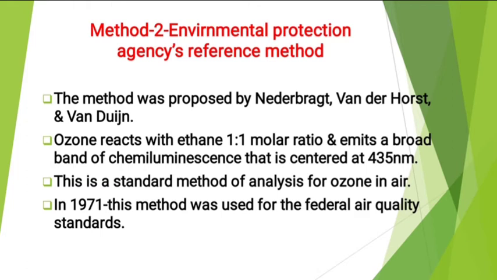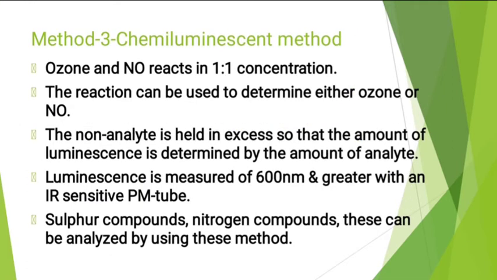After that, there is a third method which was developed not only for ozone but for all the components present in the air, such as ozone, nitrogen and sulfur. Here is the third method, the chemiluminescent method. Ozone and nitrogen monoxide, or nitric oxide, react in 1:1 concentration.